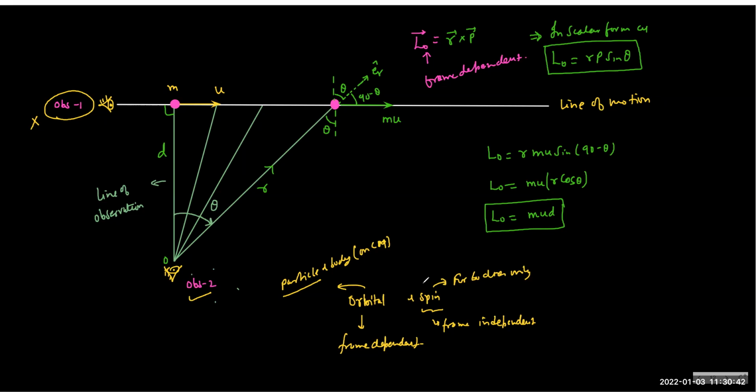And that was nothing but the orbital angular momentum, because what you're doing is multiplying the momentum with the perpendicular separation from the center of the orbit. And how far are you from the center? r away. So that's why your angular momentum was mvr. mv is the momentum and r is the distance from the center.